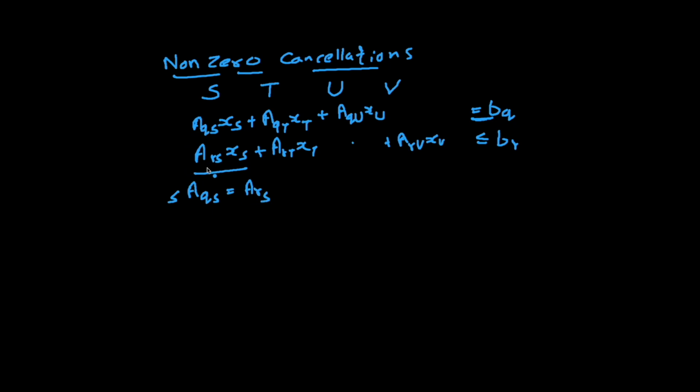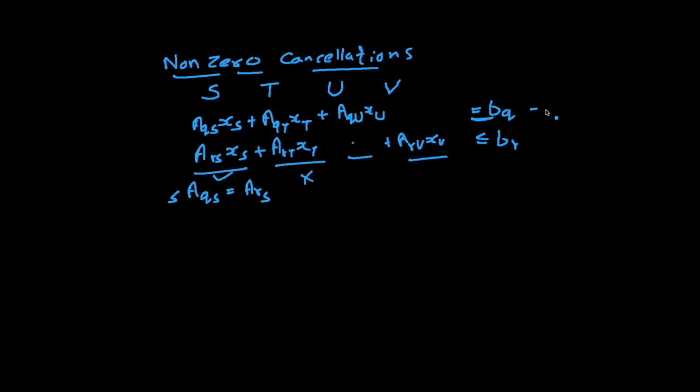So the coefficients in S are parallel, and the coefficients in T are common but not parallel. So these are parallel, and this part is not parallel. This part is only there in the first constraint, and this part is only there in the second constraint, right? So this is how we have partitioned our variables.